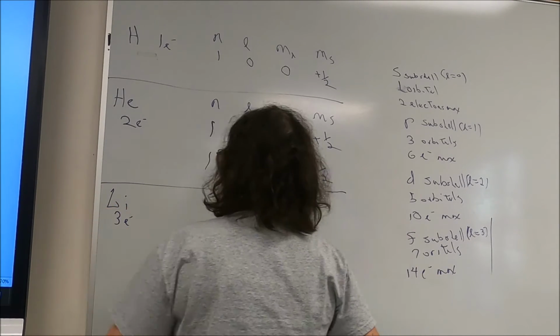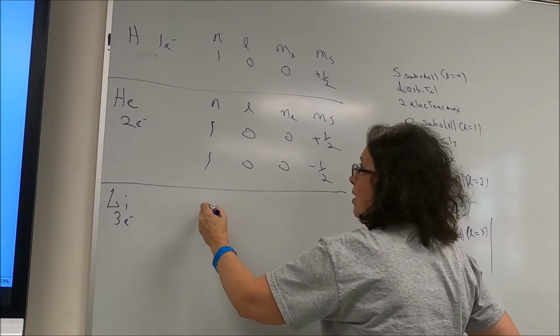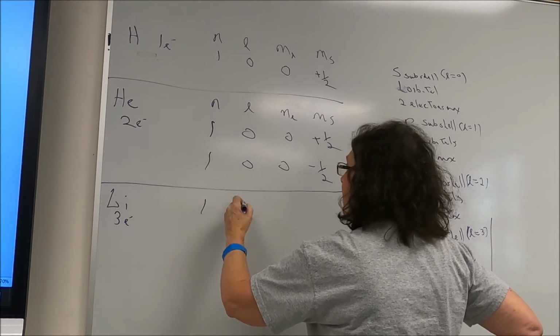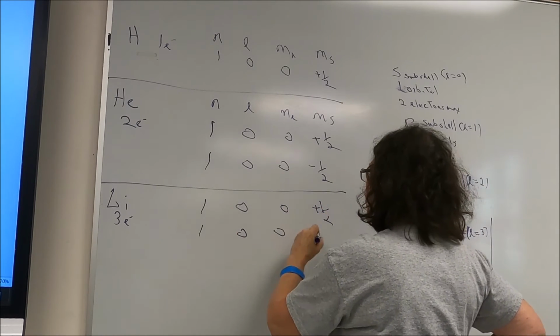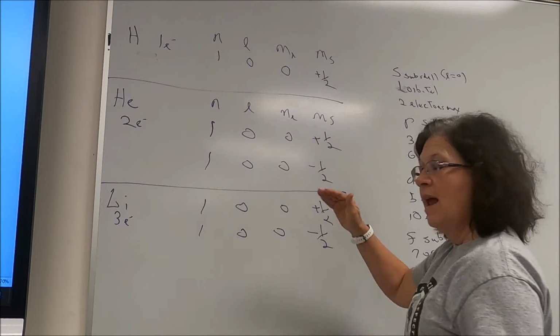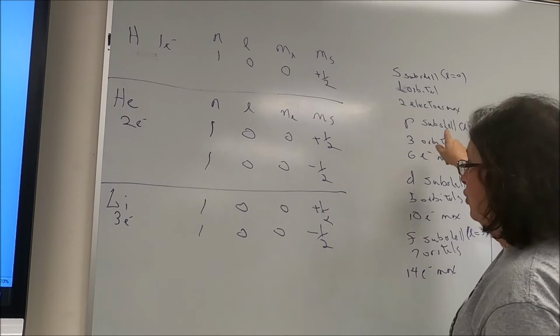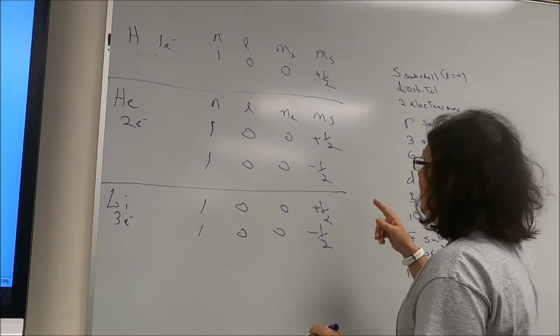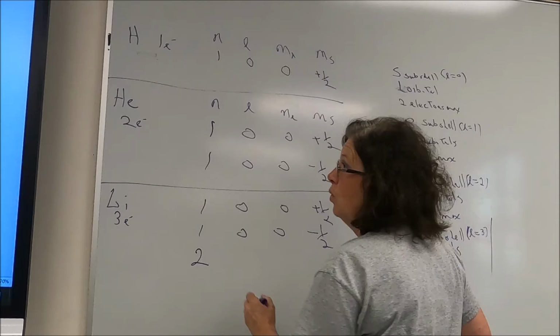Lithium has 3 electrons. So I repeat what I did for helium. 1, 0, 0 plus a half. 1, 0, 0 minus a half. Now the 1s subshell is full. Max 2 electrons. That means I have to go to the second shell, 2.